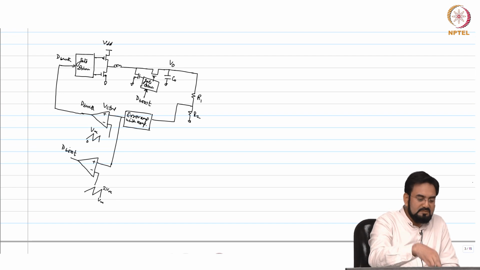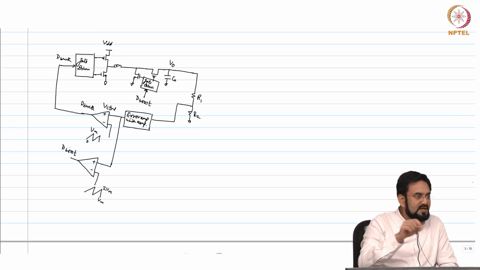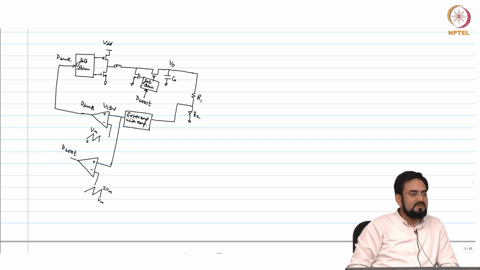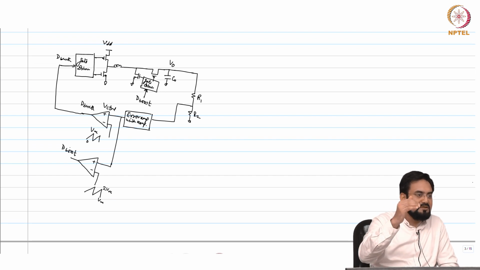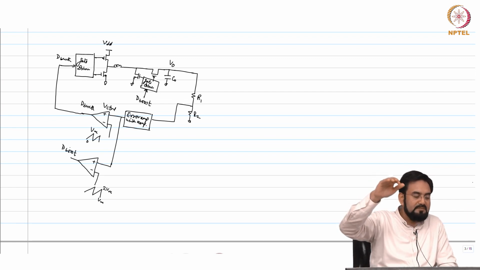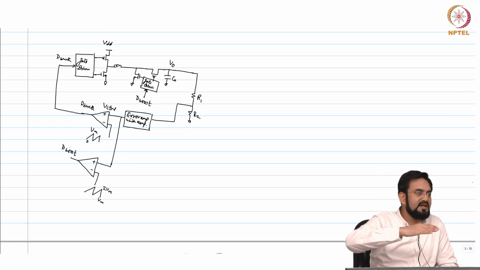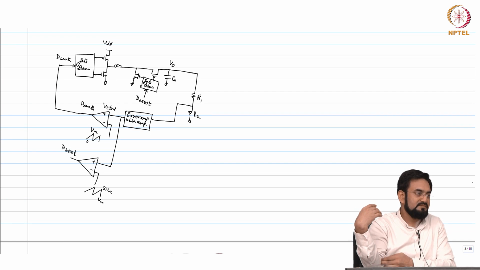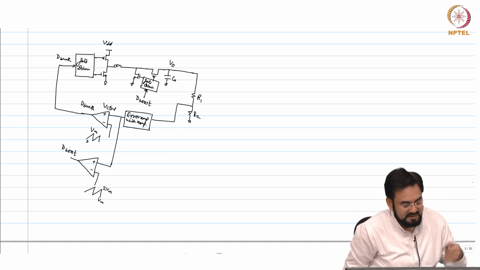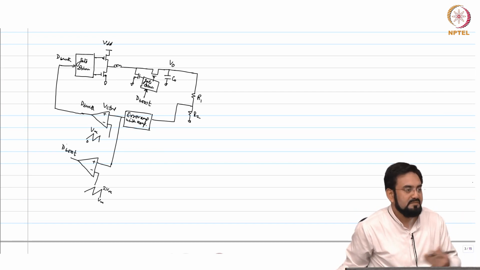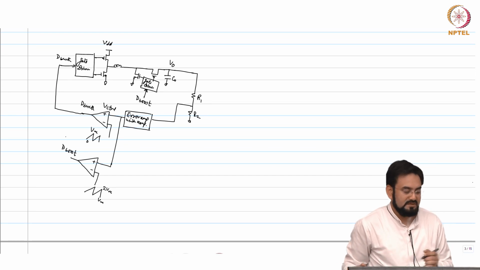So which means your boost sawtooth has to start from VM. So at VM your boost will be 0 duty cycle, and when it further increases, goes beyond VM, it will start increasing the boost duty cycle, and when it goes to 2 VM, it will become 100% boost.